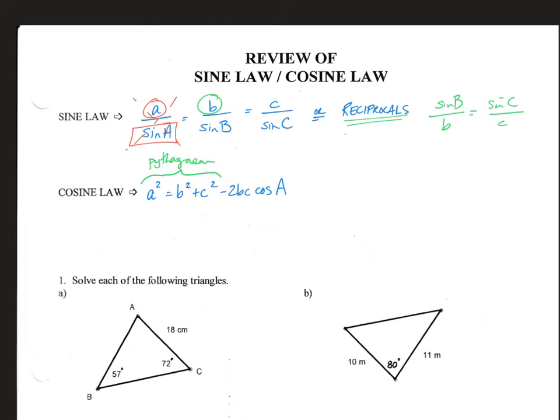And then the last term that we have is often referred to as an adjustment. And so as we work our way through, cosine law is a right triangle relationship that's used in non-right triangles. So therefore it requires an adjustment.